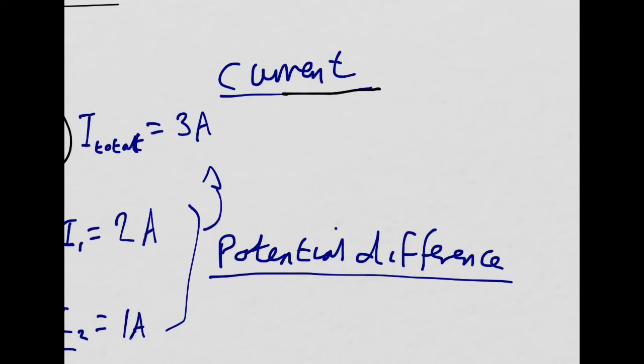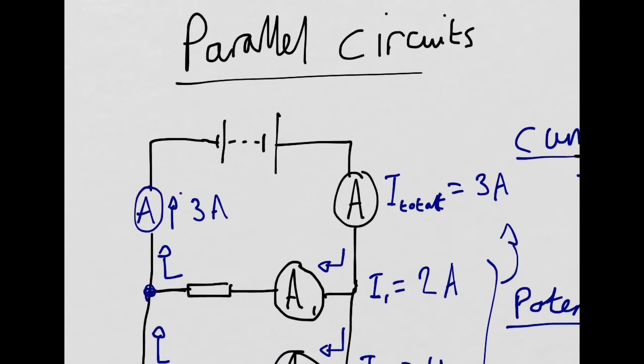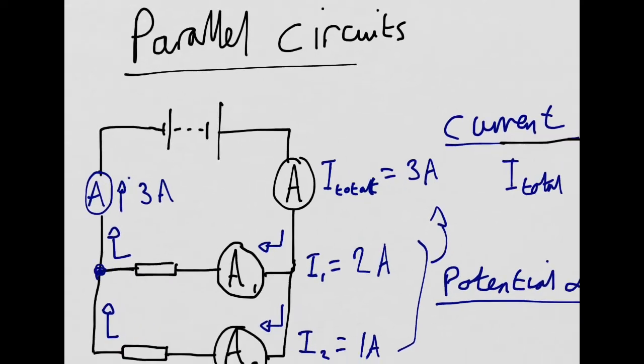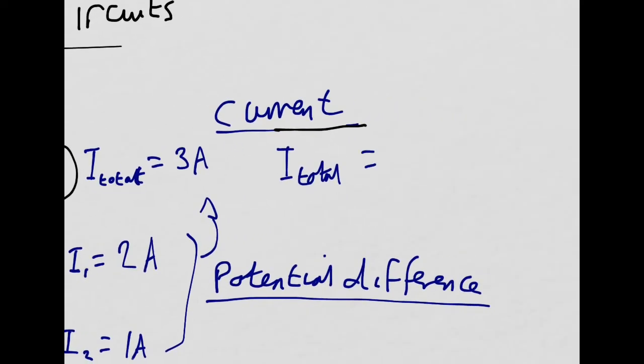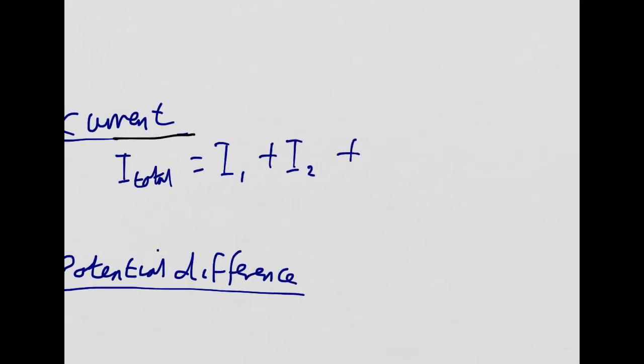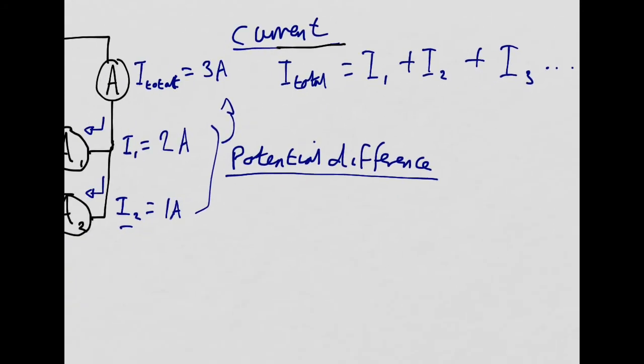So here's our current rule in a parallel circuit. The total current, that is the current measured before it's split off anywhere, is going to equal the current down the first branch plus the current down the second branch, and if you've got a third or a fourth branch, then it's all of the branches added together.